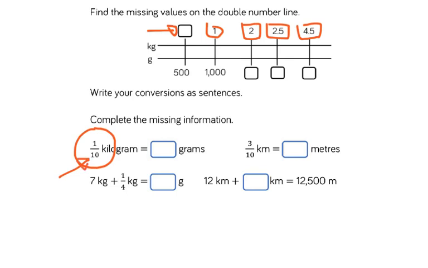This is the denominator here. It tells you how many parts it has been split up into. So you know how many grams are in a kilogram, you then need to divide by that number, and that will give you your answer.